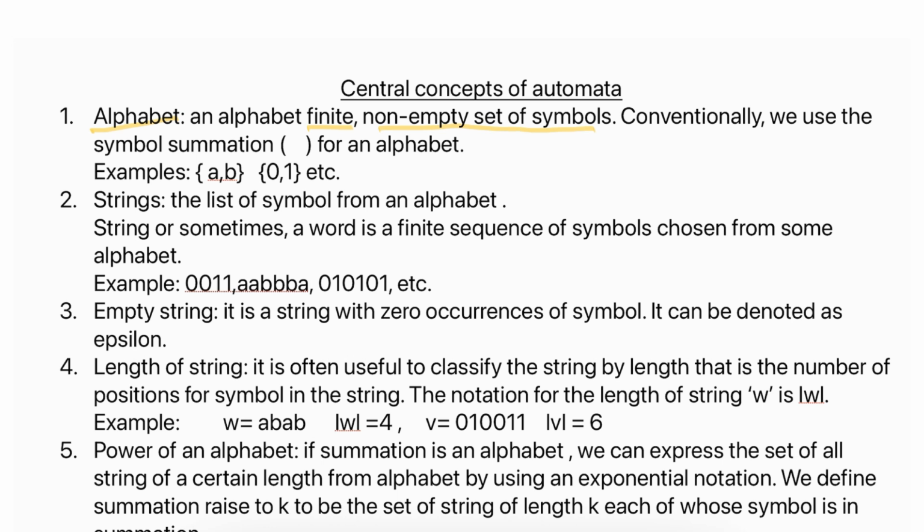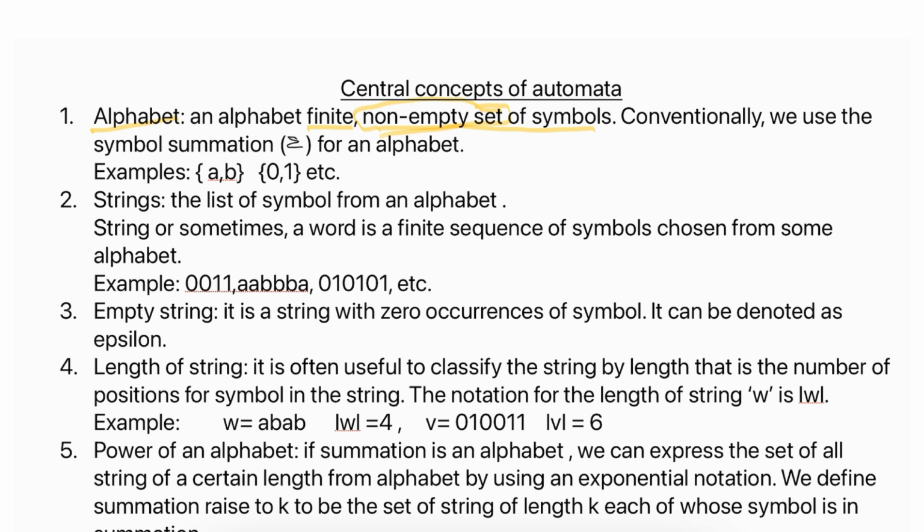Within the set of the alphabet, even an individual value should be there, because we have stated it should be a non-empty set of symbols. Conventionally, we represent the alphabet with the summation symbol, like this.